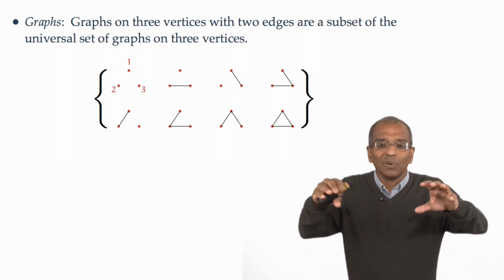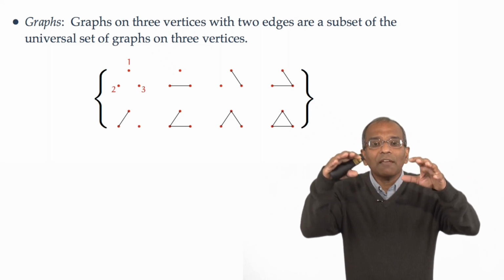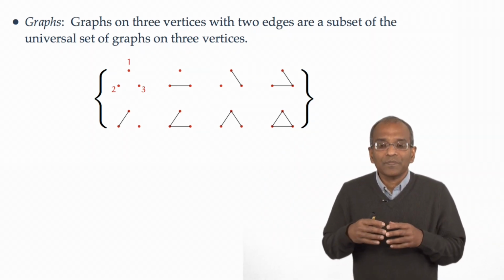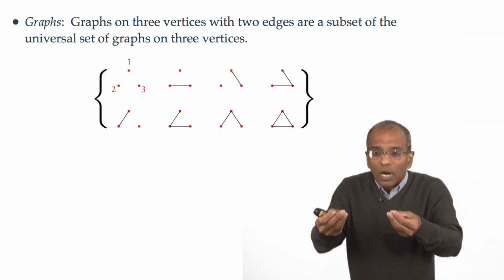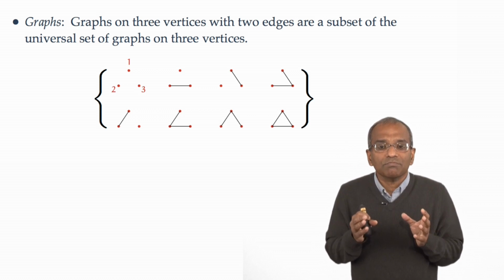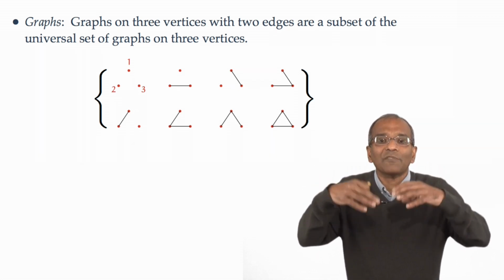And now we can understand, well, here's a setting for transportation. This gives us a family, a set, a universal set, the set of graphs. Those graphs, which, for example, let's say have 2 edges, represent a subcollection, a subset of graphs on these.